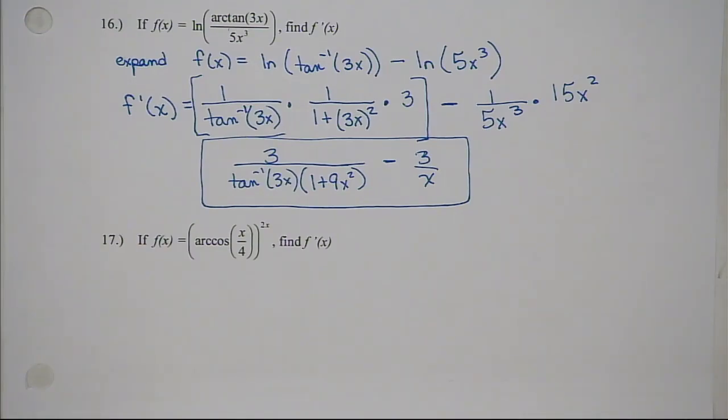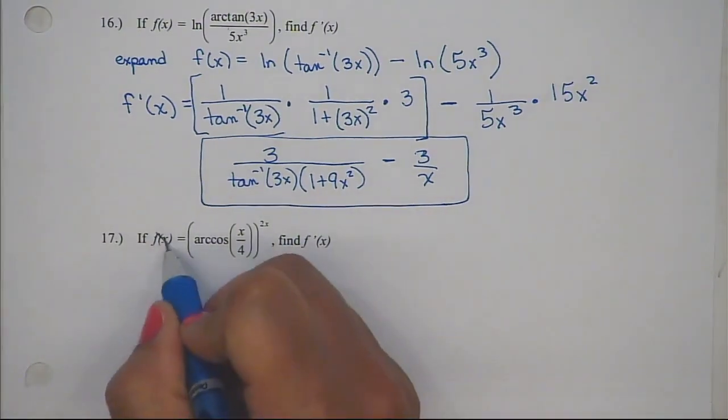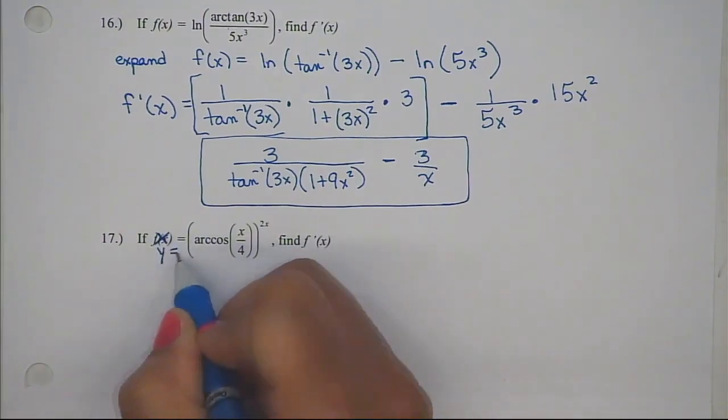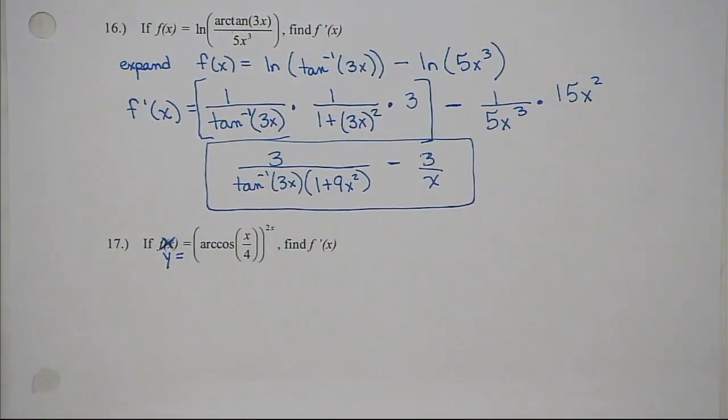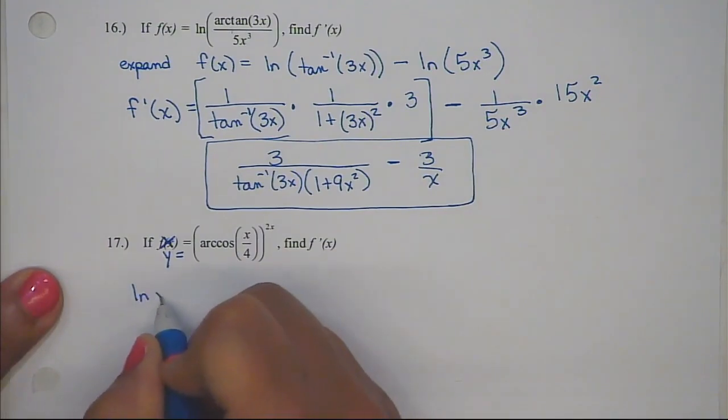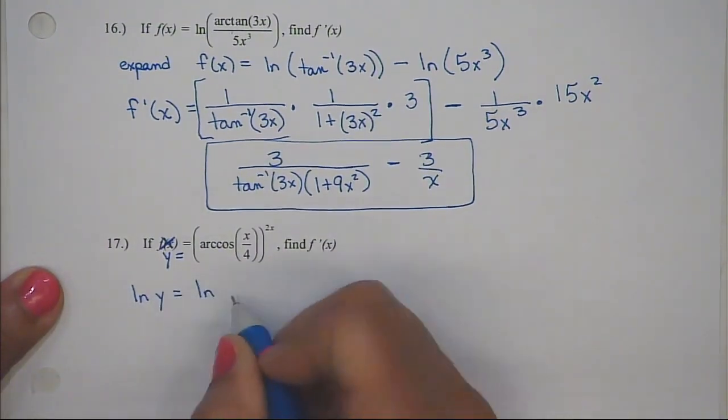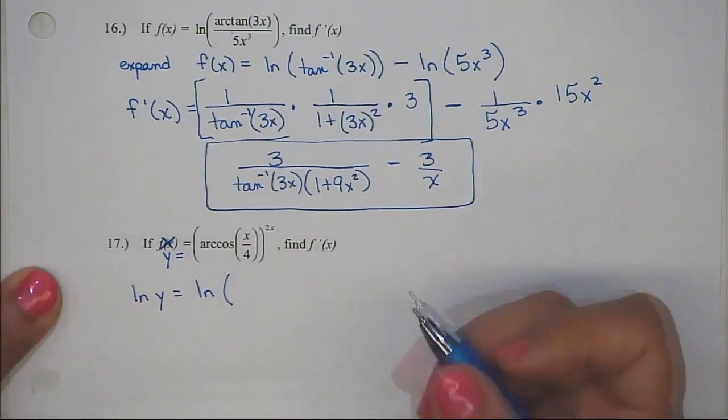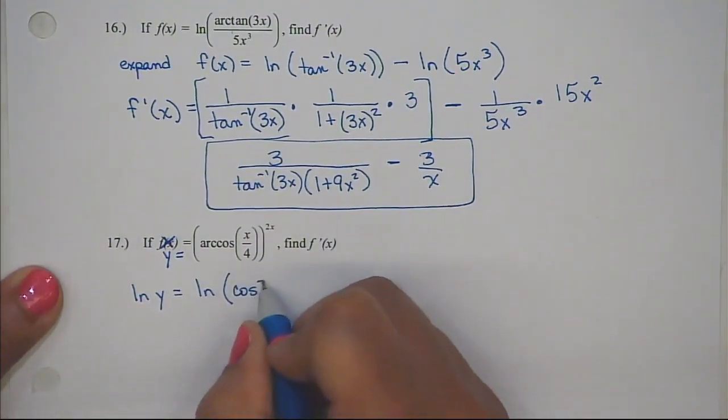So that's where you have to take the natural log of both sides. So instead of f of x, remember we're going to write that as y equals, because I'm going to do implicit differentiation. So f of x is the same thing as y. All right, so we're going to do logarithmic differentiation, which is to take the natural log of both sides. And again, I'm going to write arc cosine as inverse cosine this way.